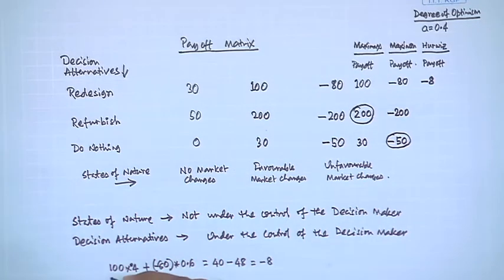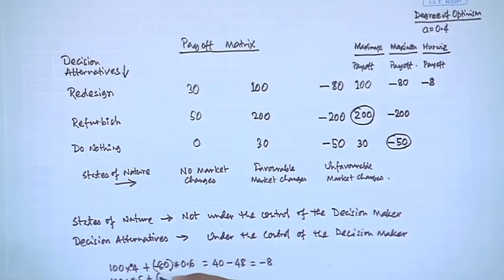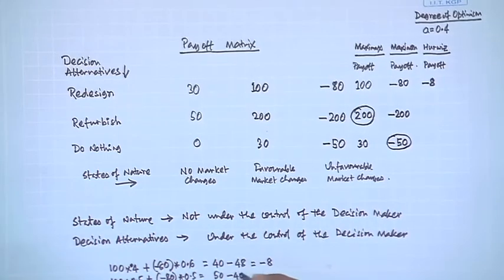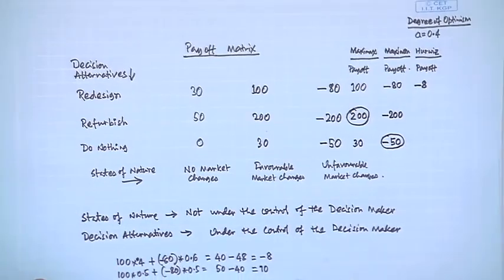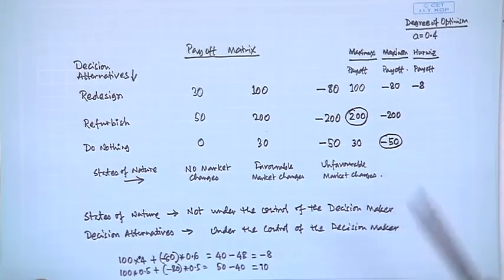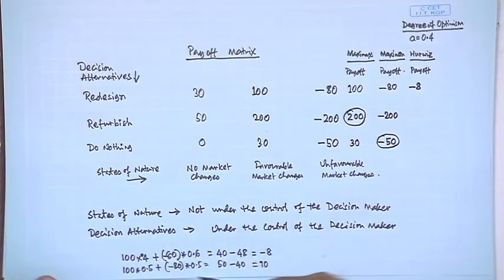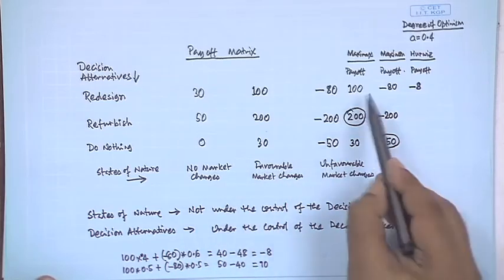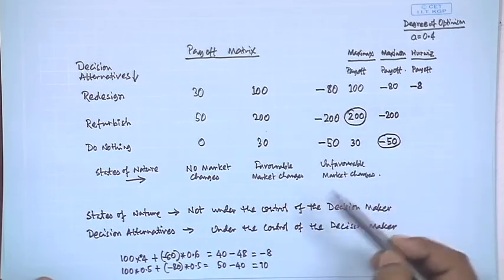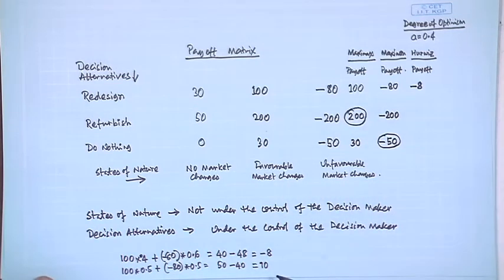So once again, 100 into 0.5 plus minus 80 into 0.5 equals 50 minus 40 equals 10. So the Hurwicz payoff would have been 10 if the degree of optimism were 0.5. That means the person is exactly in between optimism and pessimism. In very simple terms, 100 plus minus 80 by 2, that means 20 by 2 equals 10.